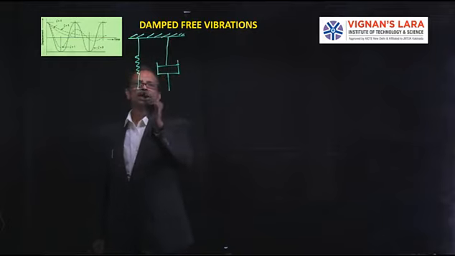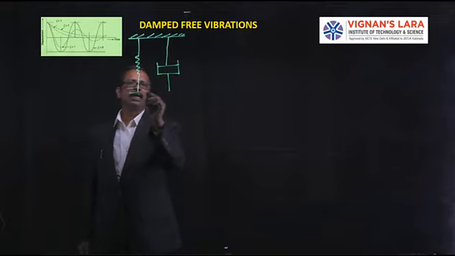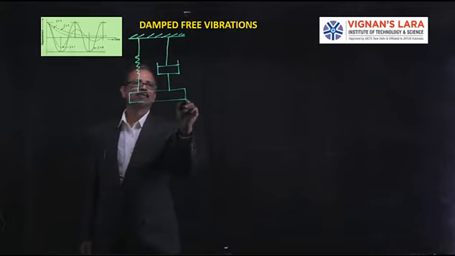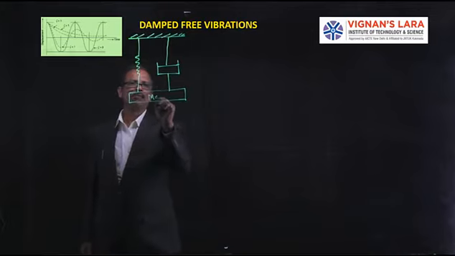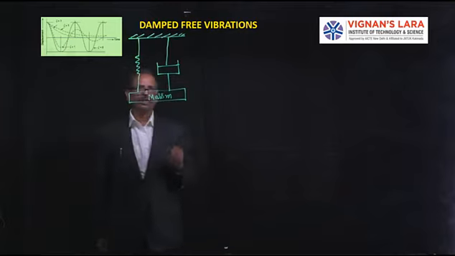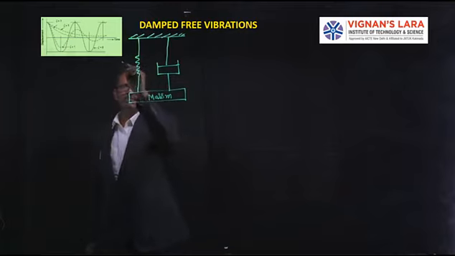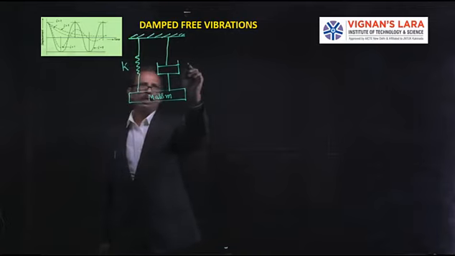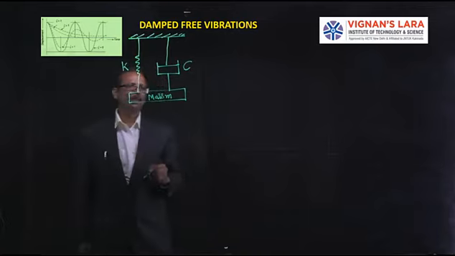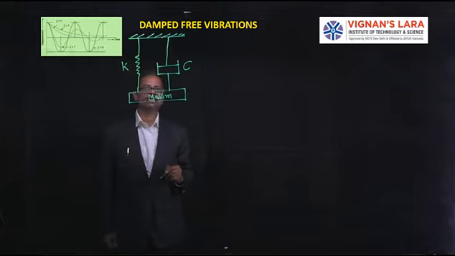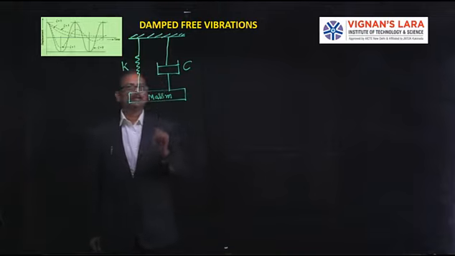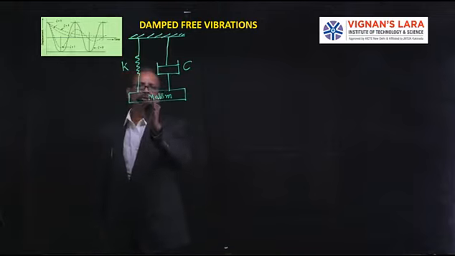This is connected to a mass. So this is the mass M, connected to the spring with a stiffness of K and a damper with a damping coefficient of C.